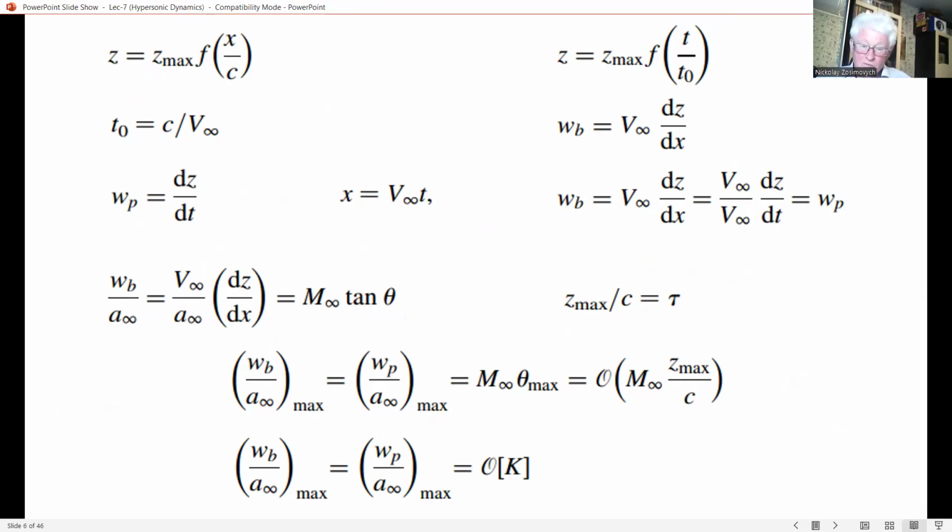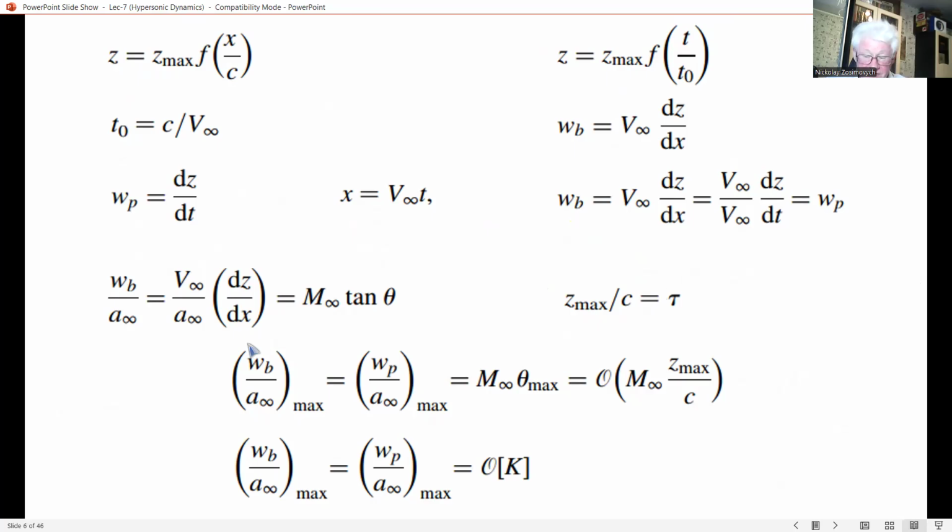For small theta, we may say simply theta instead of tangent. Moreover, theta maximum is on the order of z maximum over c, which gives the expression tau. From that, we can obtain the expression on the bottom.